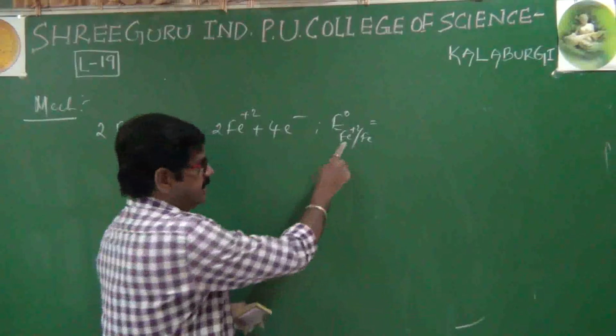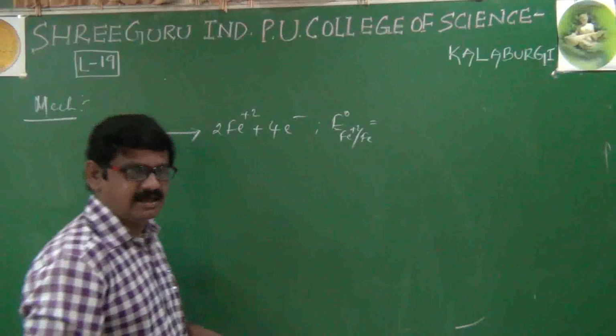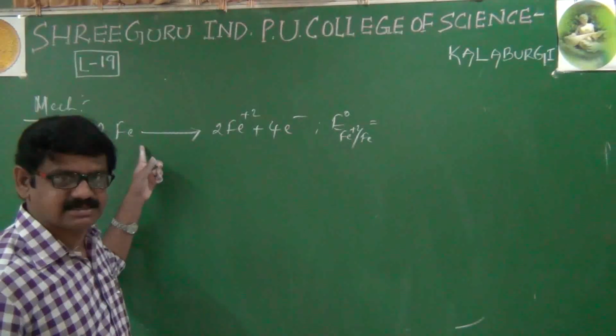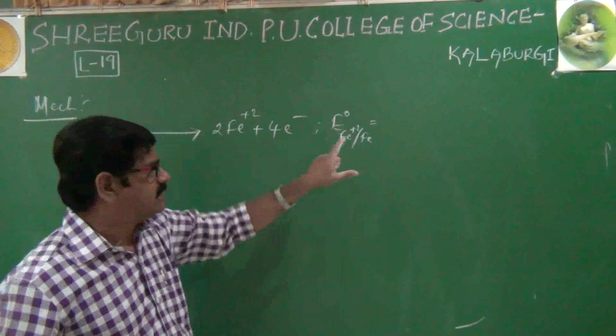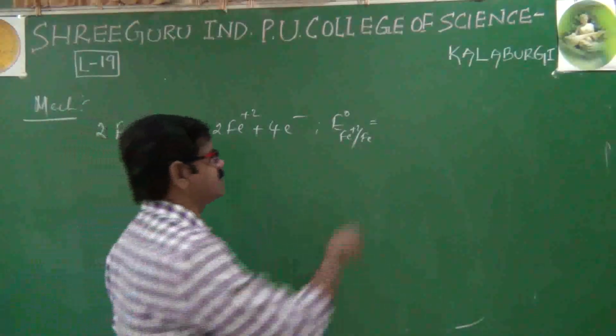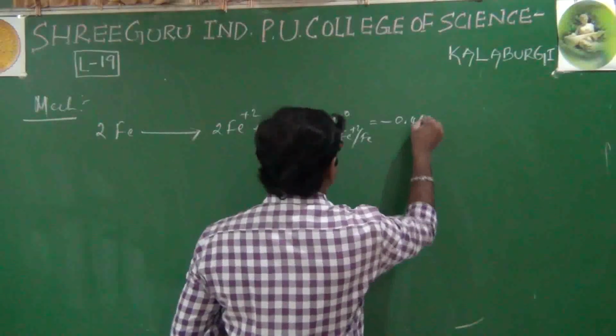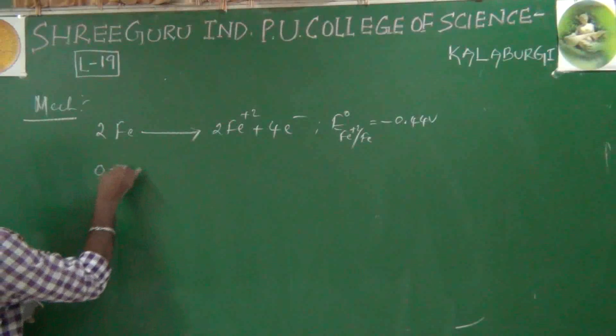See the symbol, Fe plus 2 converted to Fe is nothing but a reduction symbol, as given. And of course oxidation is taking place. We have learned in our previous classes, the SRP value with the reduction symbol shows its SRP value, minus 0.44 volts.